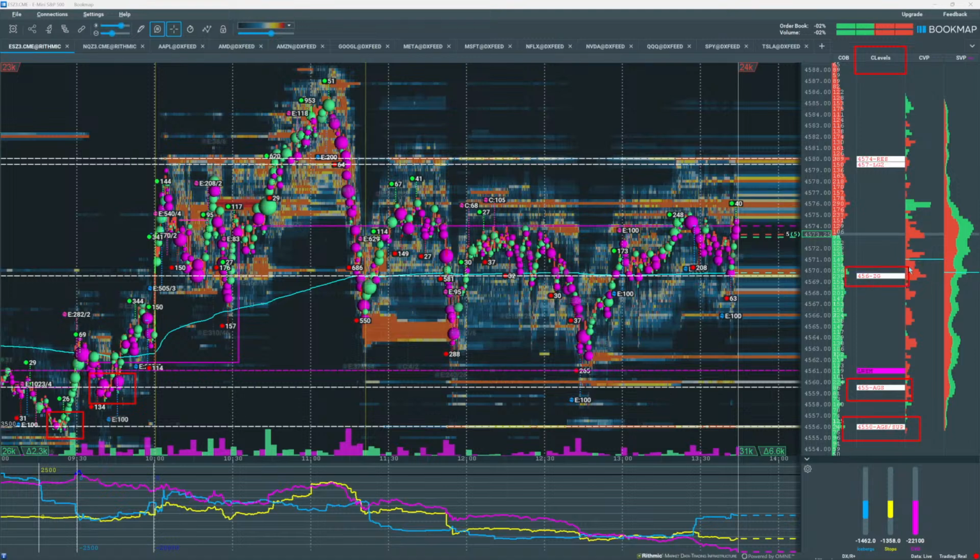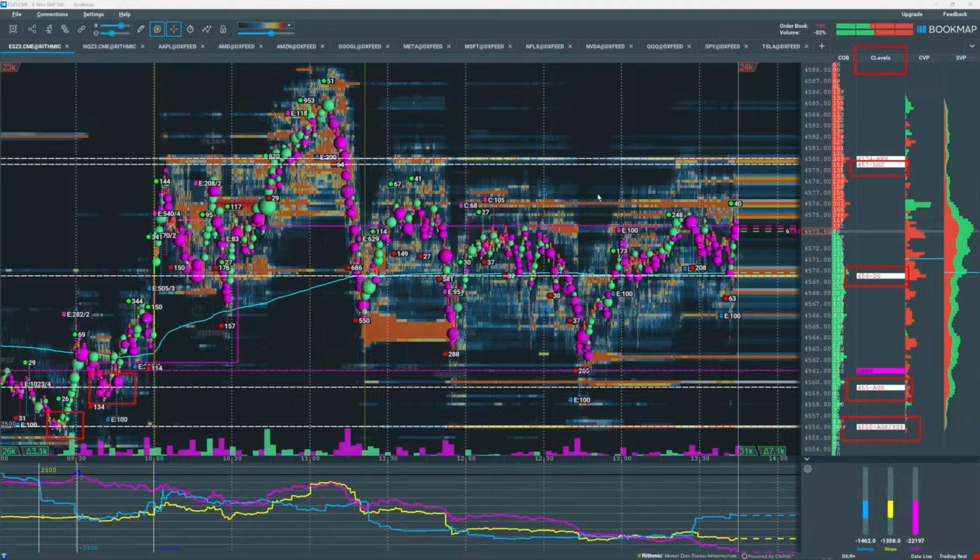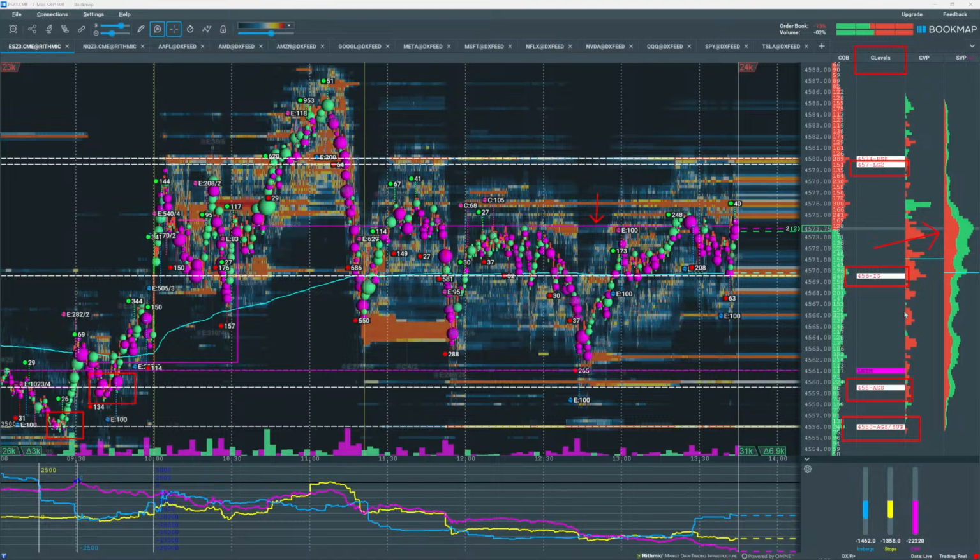Here's the 456, I'm sorry, the zero gamma level for SPY, and then the SPY large gamma 2 level. And note the point of control is somewhere between those two levels. That's where most of the session volume is concentrated. That's a session volume profile.